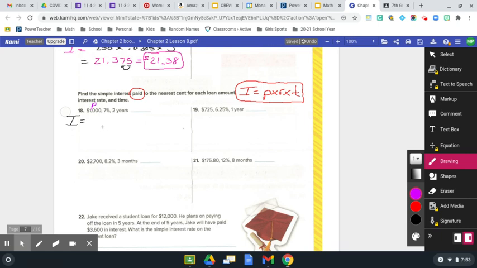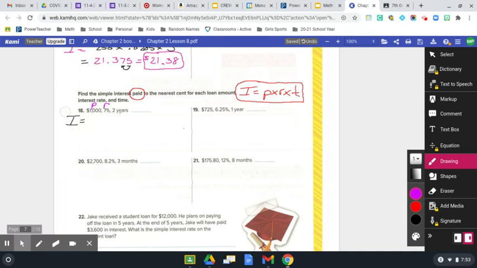In this case, this is the loan amount. You've asked to borrow $1,000, and so that is the principal of the loan, P. Then if you are borrowing money for a loan, that percentage rate is your R. So you owe 7% interest on that loan.